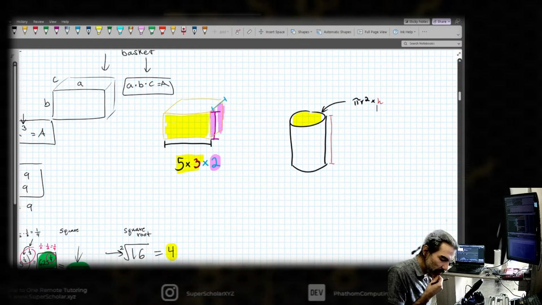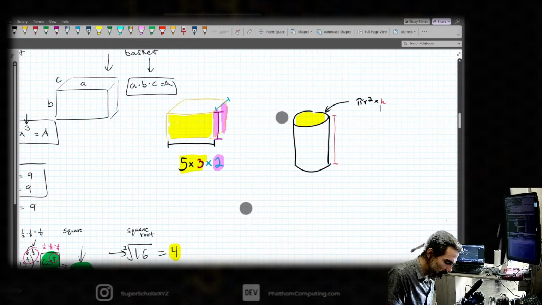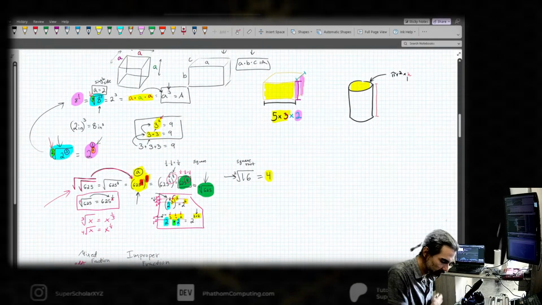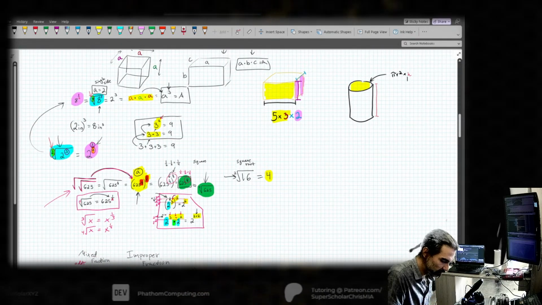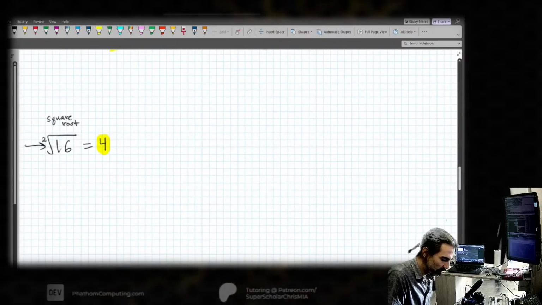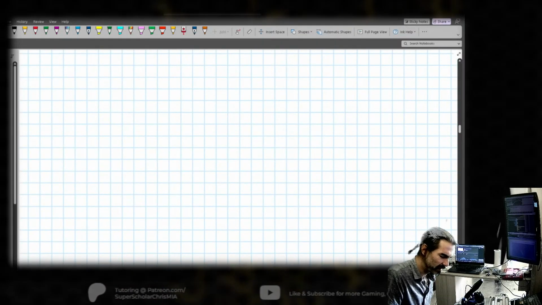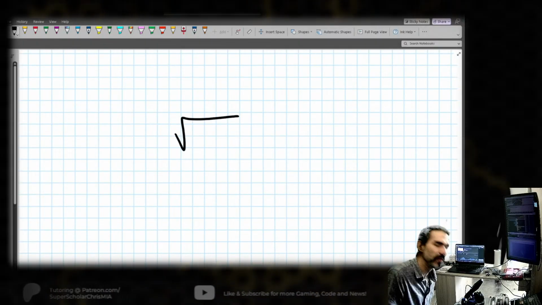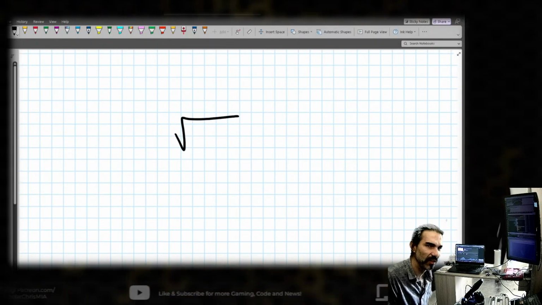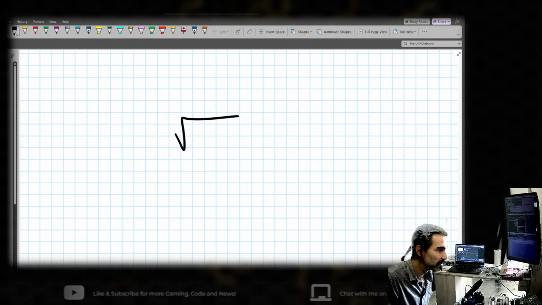So that was one of those. Square roots. Those are fun. We don't necessarily think of the radical as anything other than a fancy looking symbol.